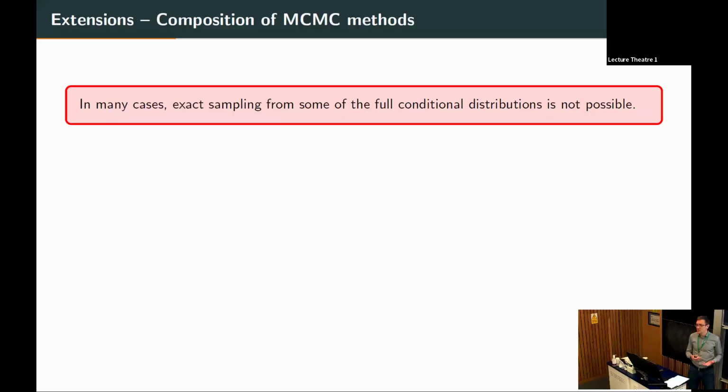And also in many cases, some of these conditionals we can sample from exactly, whereas some others might be harder to derive analytical expressions for, and then we can use, say, a Metropolis Hastings step for those conditionals.